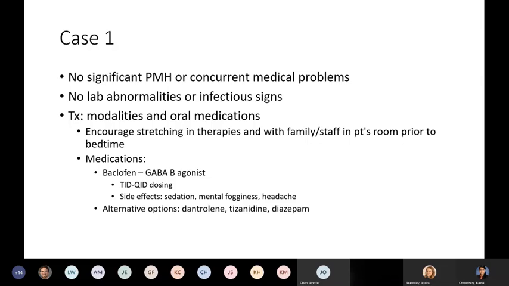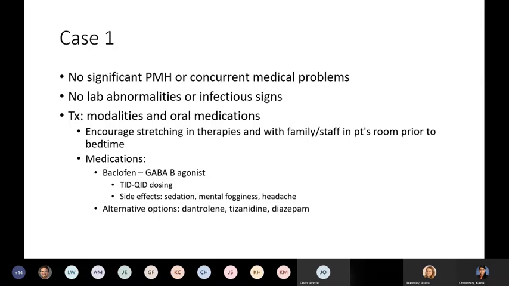But it is important to begin educating the patient and family about the importance of stretching as a modality for tone management moving forward, as it does make a difference and will be important to continue when they go home.